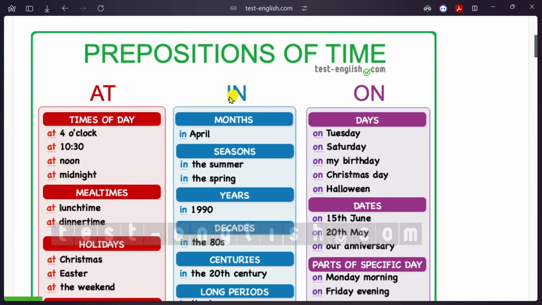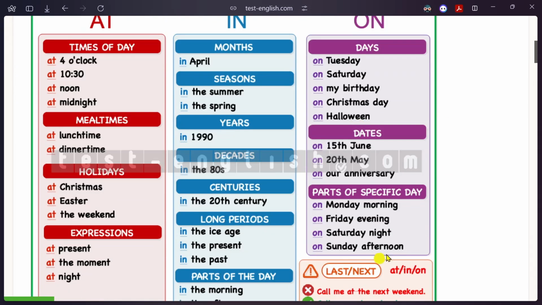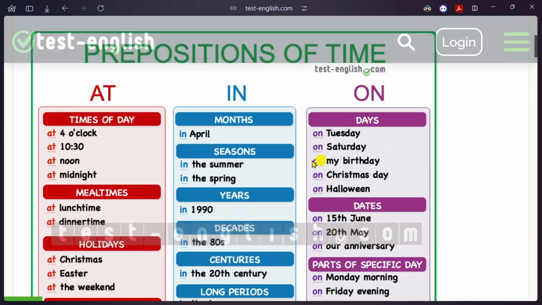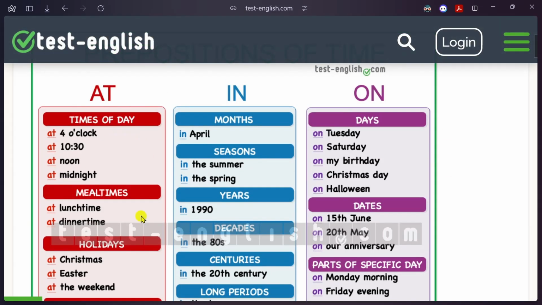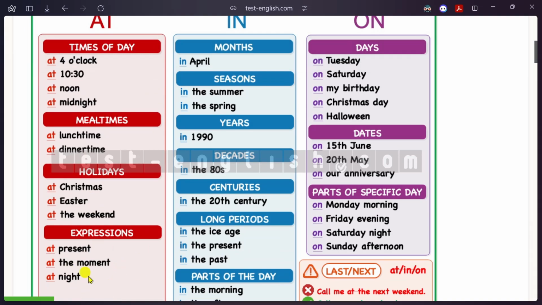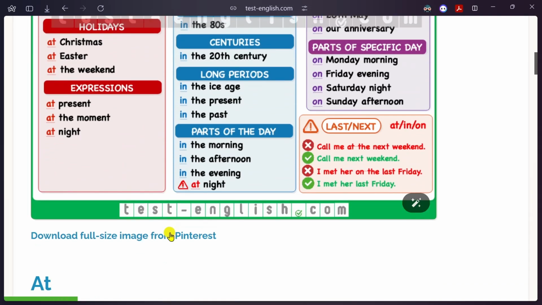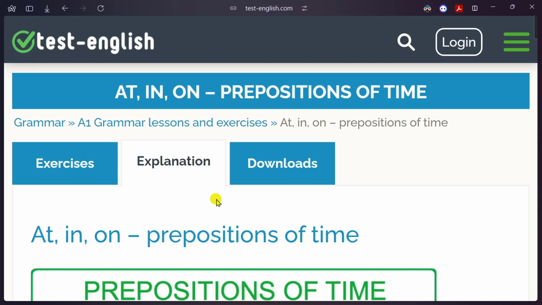Just remember this: in is long periods of time, on is days, and at is special things like special days, holidays, time for food or time of the day, and some special expressions. This is the first lesson on prepositions.